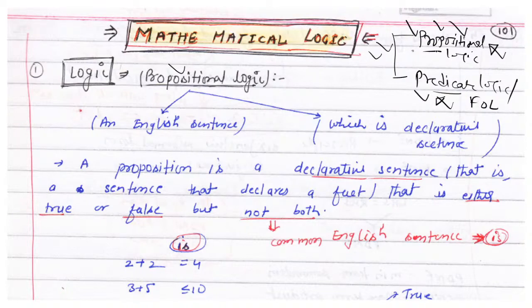Remember, every feature that propositional logic provides is already present in predicate logic, but predicate logic provides some extra features. We will see what those extra features are. So the first form of logic that we will start is propositional logic. These are basically different levels of logic.